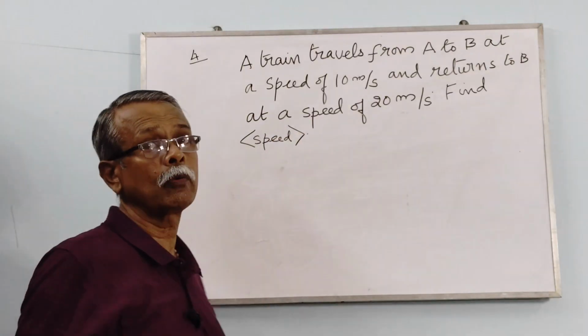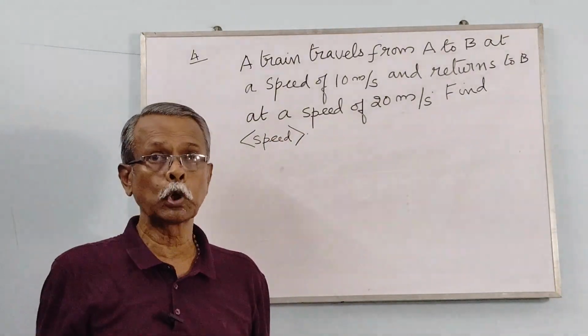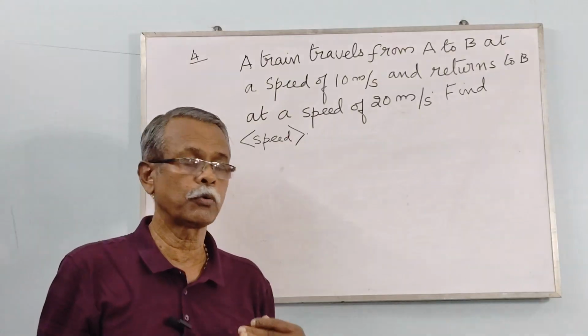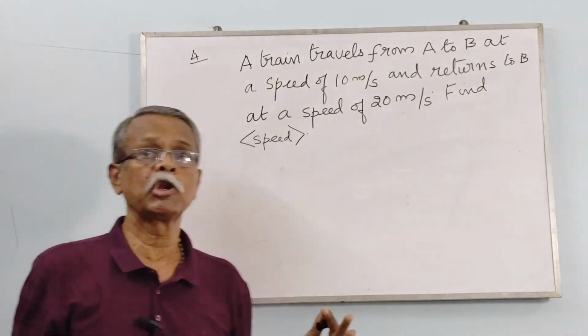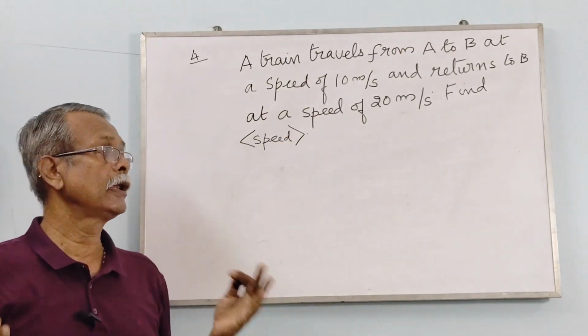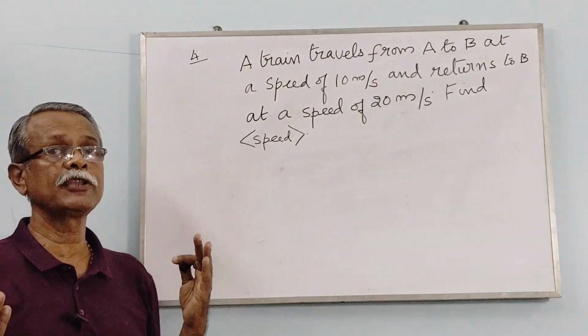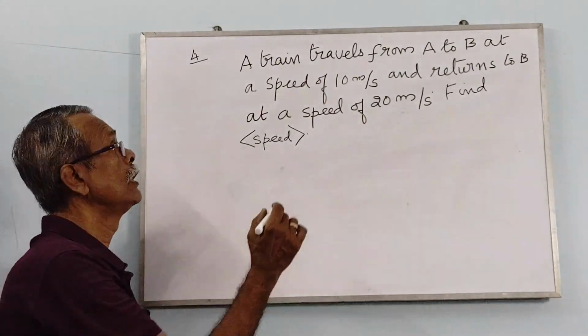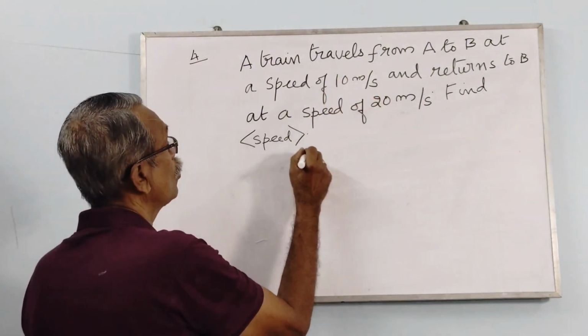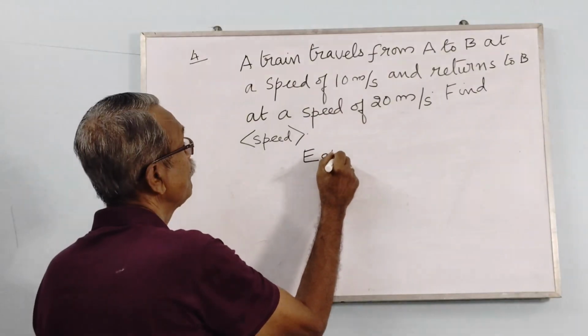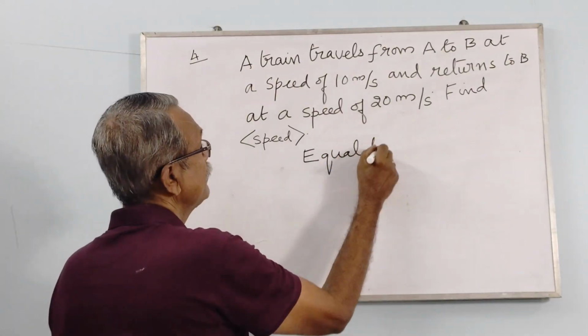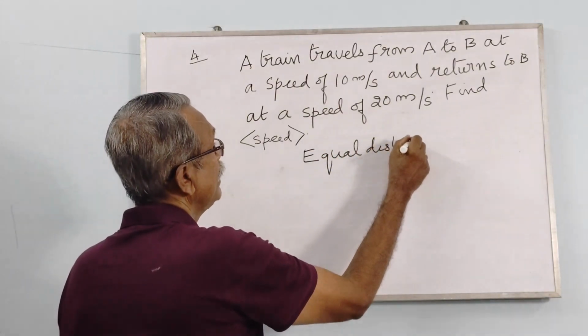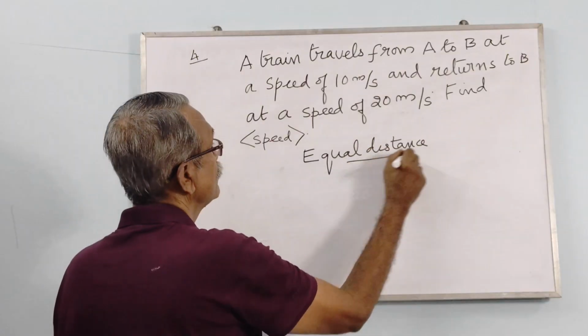We don't need to calculate average velocity because that is 0. It comes back to the original position. So displacement will be 0. So we can say that the average velocity will be 0. And this is also an equal distance situation. Here n is equal to 2.